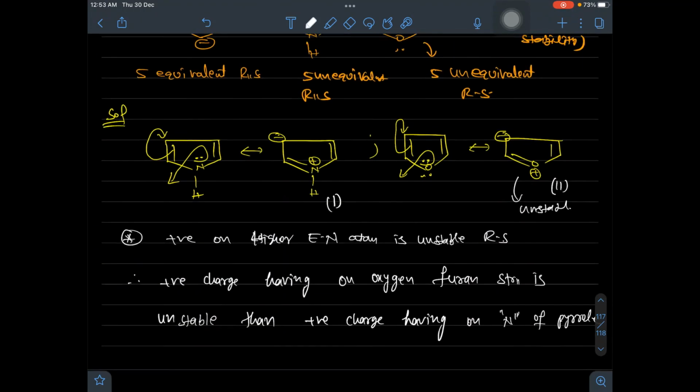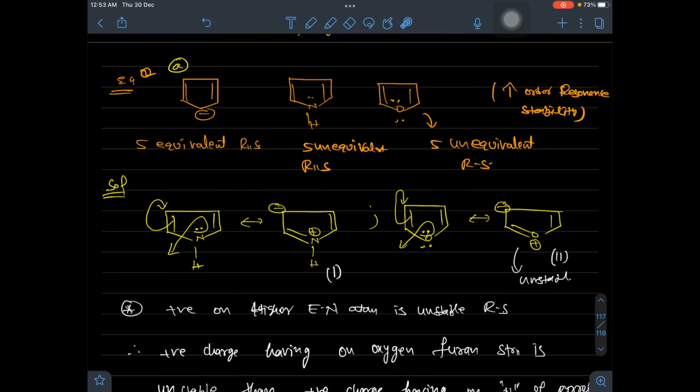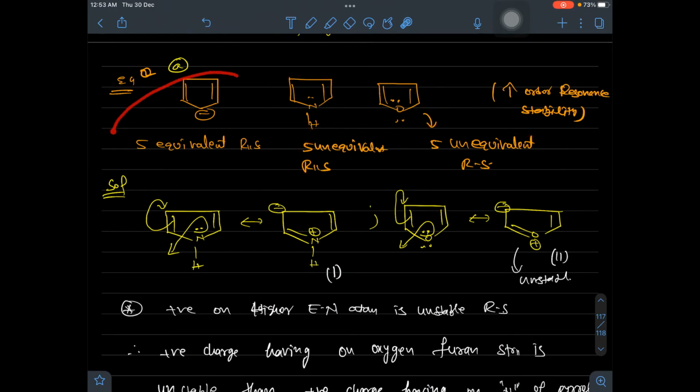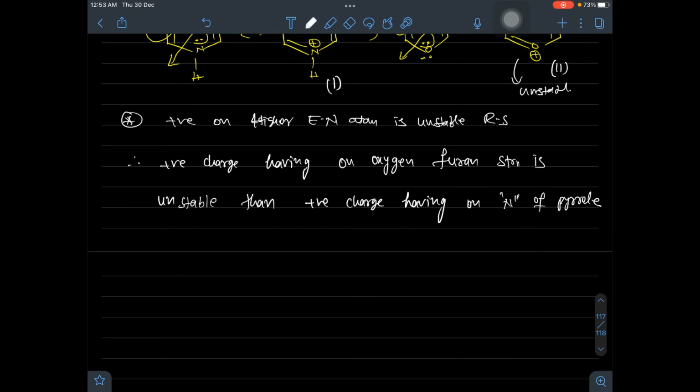In both unequivalent resonance structures forming, one is unstable and one is stable, so pyrrole will have greater resonance energy. And the first one is equivalent; equivalence is the ultimate higher energy level, so its resonance energy will be higher. So the overall order among A, B, C: A has greater resonance energy than B, and B is greater than C. This way we will be able to predict the resonance energies of conjugated and non-conjugated systems.